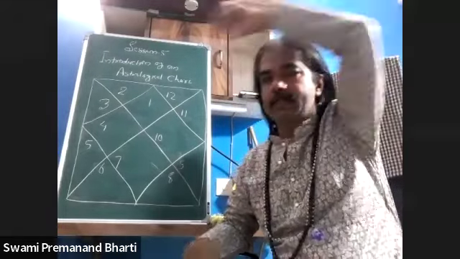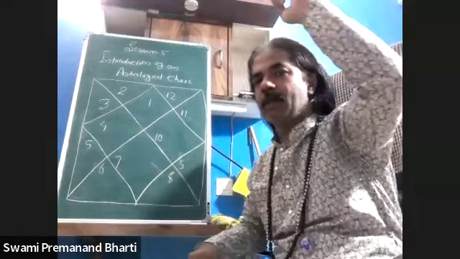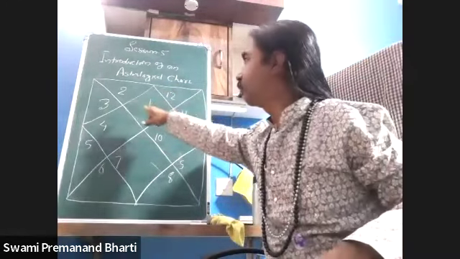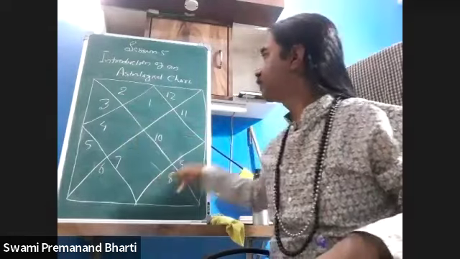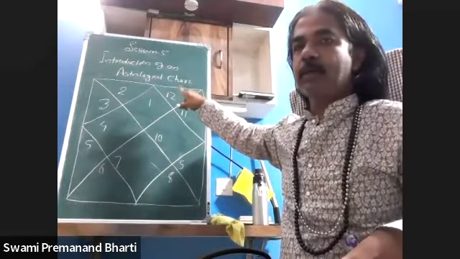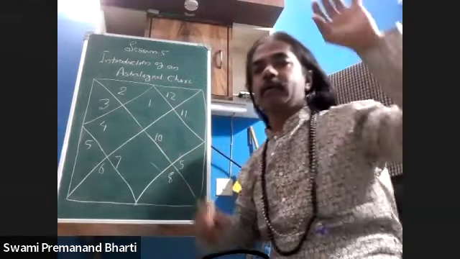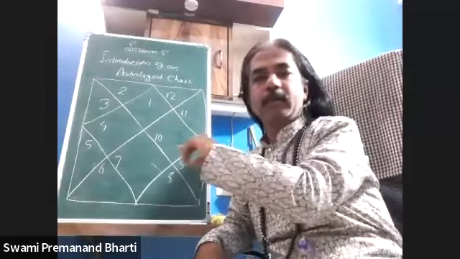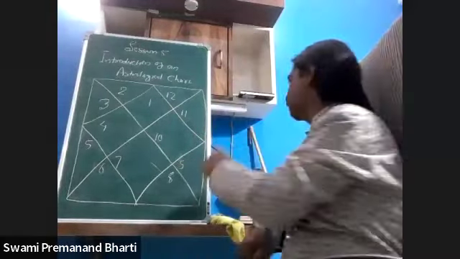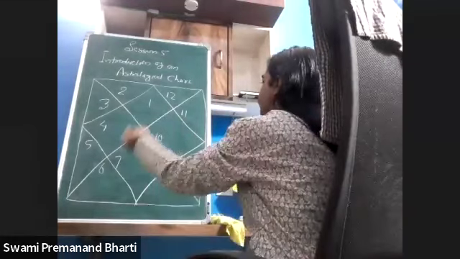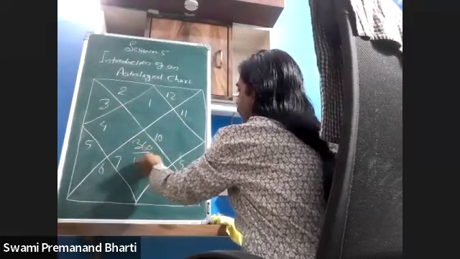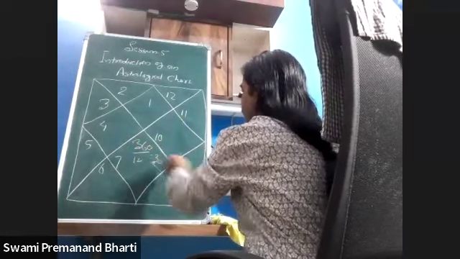The whole sky is 360 degrees, and we have 12 houses, from 1, 2, 3, 4, 5, 6, 7, 8, 9 to 12. If I divide 360 degrees by 12, we get 30 degrees.